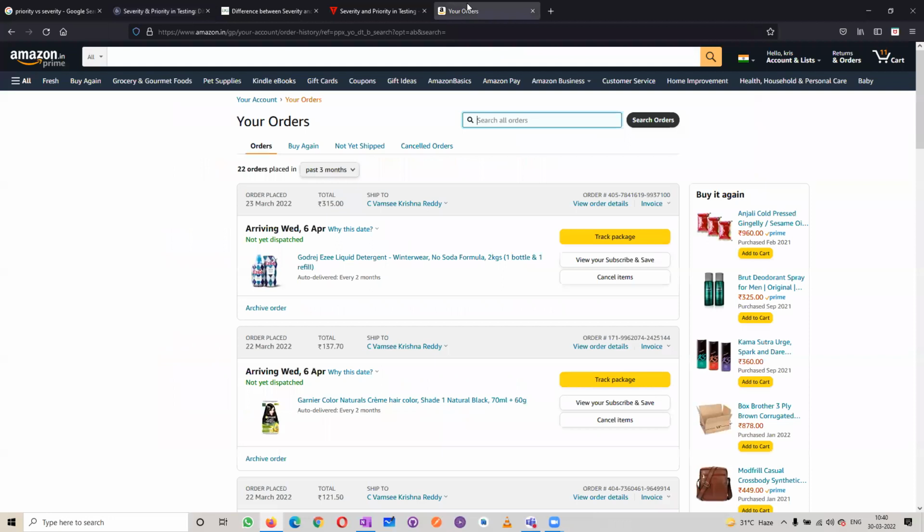For an example, in this particular Amazon page, you have this particular background as a gray color, but I wanted this one to be something like black or some more light gray. So those are the things. Those are not high priority, but if you fix that, then it looks more beautiful, more good.